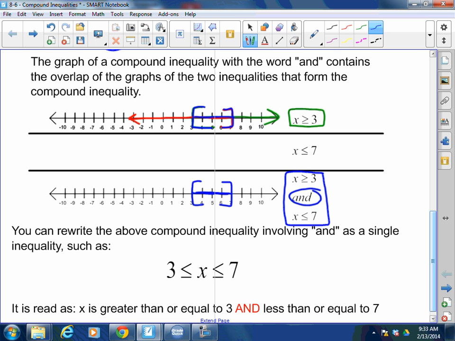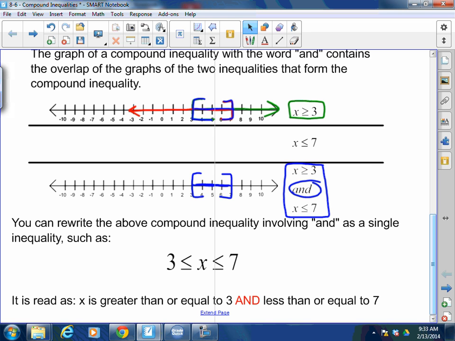Okay. Now, with this above example, you rarely are going to see a compound inequality using the word "and." Very rarely. So you can rewrite the above compound inequality involving "and" as a single inequality, such as what I have right here. Now, I don't want to read it yet until I teach you how to read it correctly.